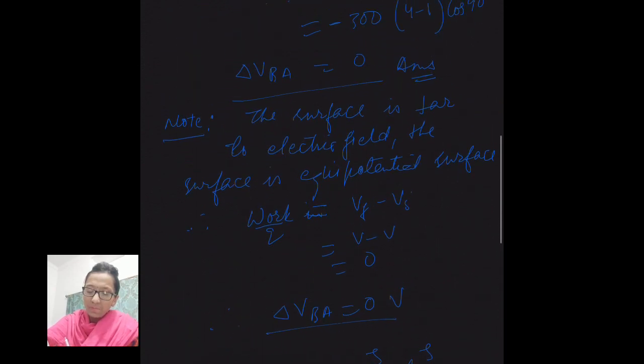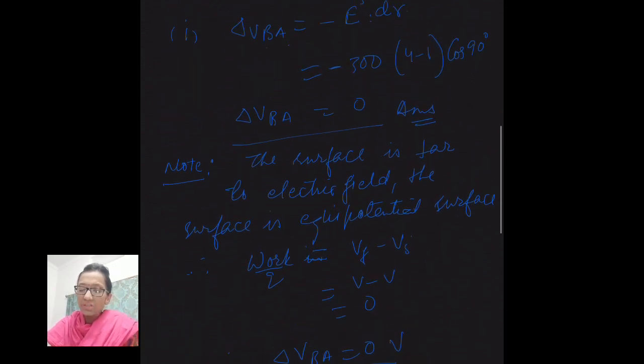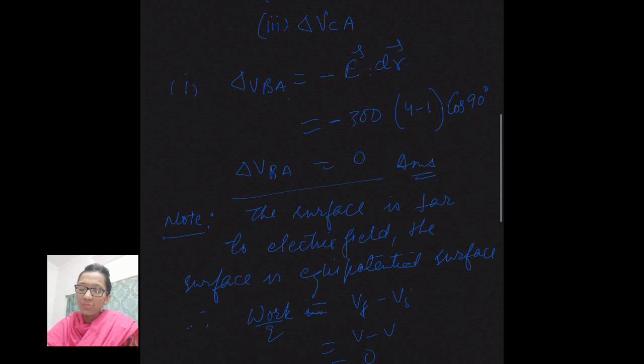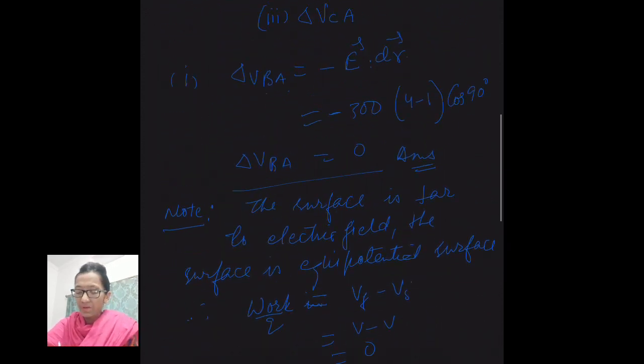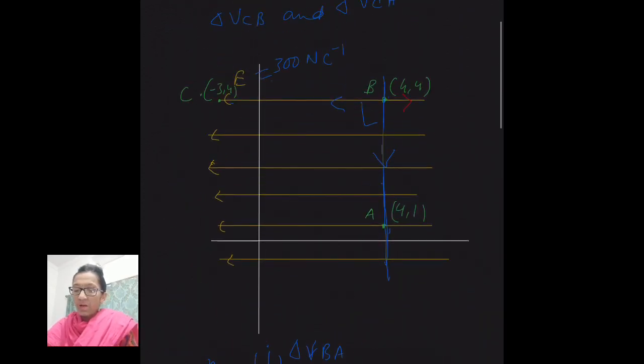Now question number 3, you will find the potential difference from C to A, del V CA. Now look at the diagram, CA. You will not find displacement dr along this direction.